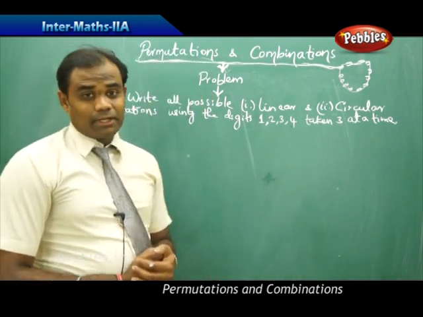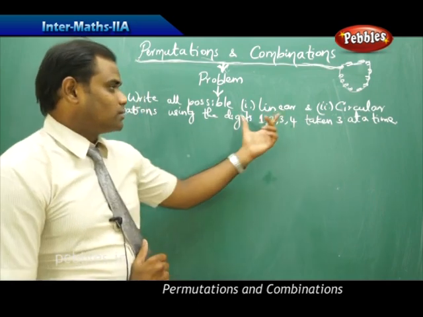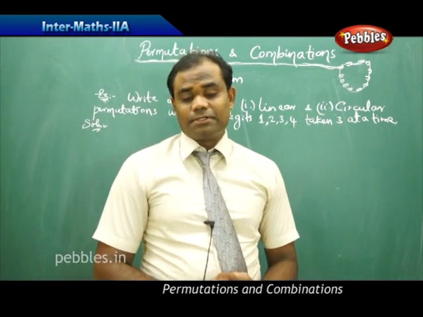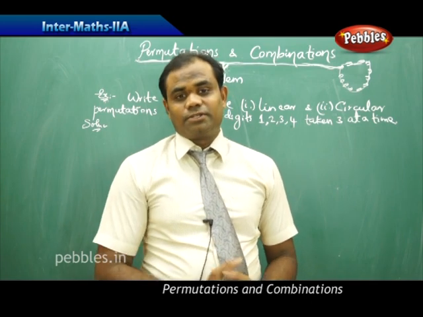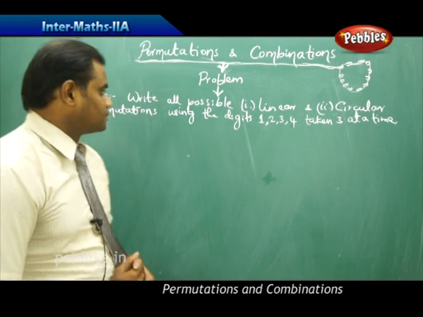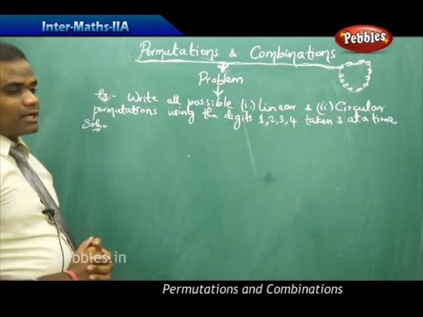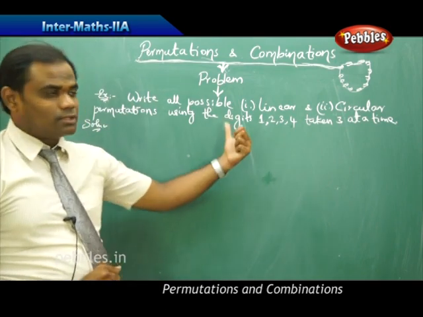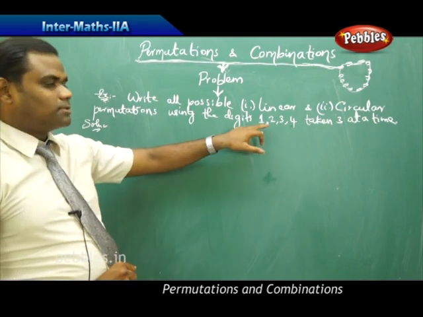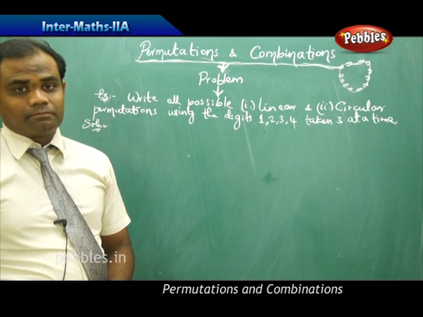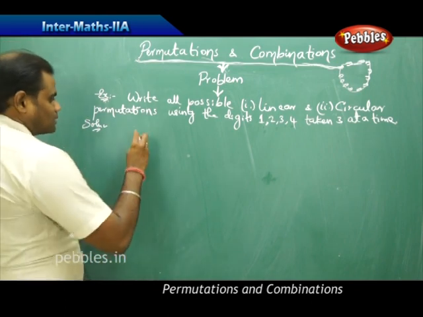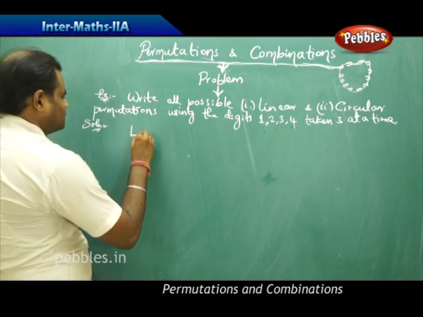Therefore, it is very important to know both linear and circular permutations to do the problems based on their situational existence. So let's understand the linear and circular permutations for this problem, where I'm going to form 3-digit numbers with the numbers 1, 2, 3, 4 taken 3 at a time. Initially, let me start with the linear permutation.